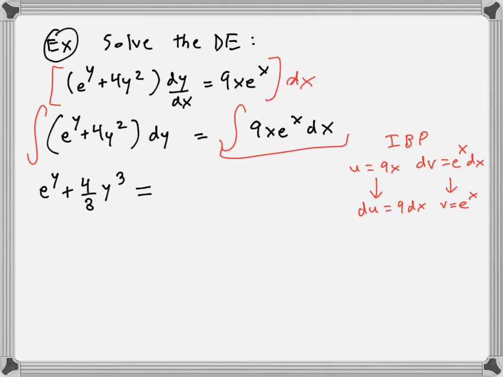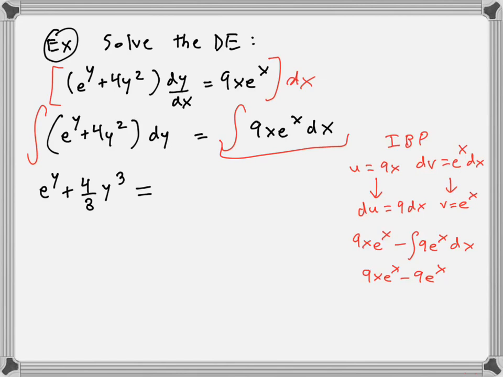And then our formula becomes uv minus the integral of v times du. I'm going to write it like this, 9e to the x dx. If I work that out, I get 9x e to the x minus 9e to the x. That would be the antiderivative there.